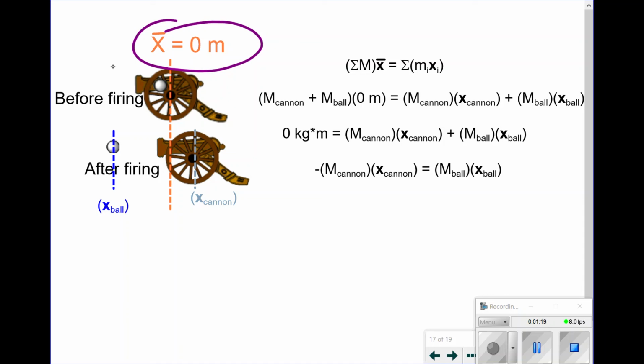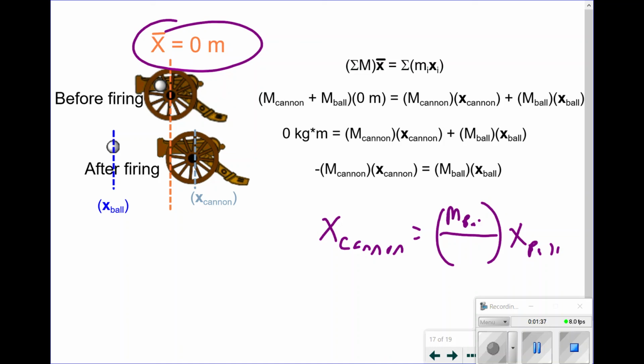So we can easily turn around and say then that the displacement of the cannon itself, or its final position from 0, is actually equal to the final location of the ball itself times a ratio of m ball over m cannon.